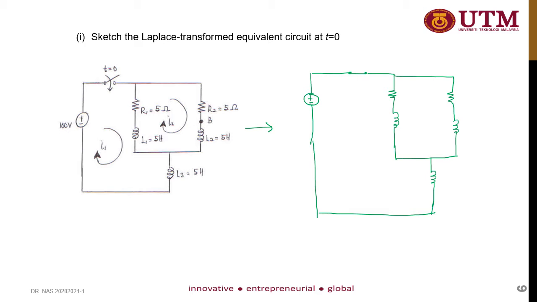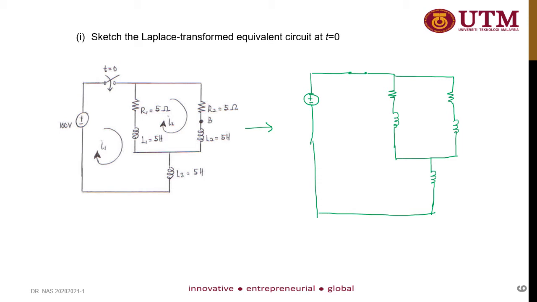Okay, since there's no initial current or initial voltage, you don't have to consider adding the additional source in series with the inductor. So don't forget to convert all components into the S domain.